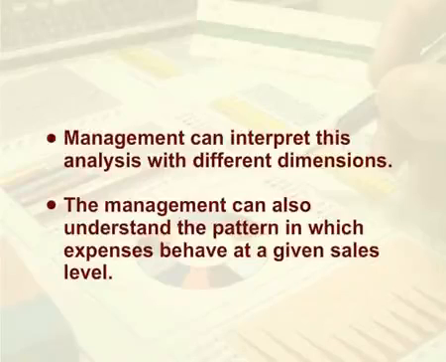So the effect on gross profit is only 25%. Here, if we could control cost of goods sold, then maybe an increase in sales would result in a significant increase in gross profit. In other words, management can interpret this analysis with different dimensions.